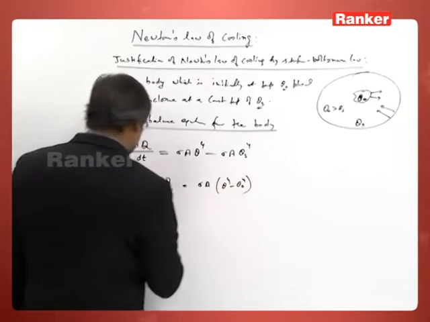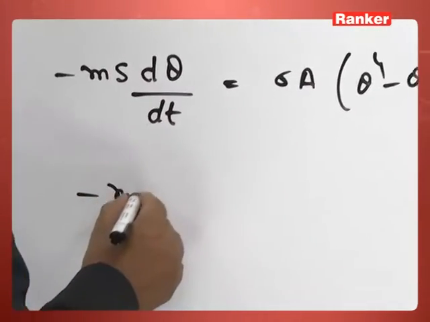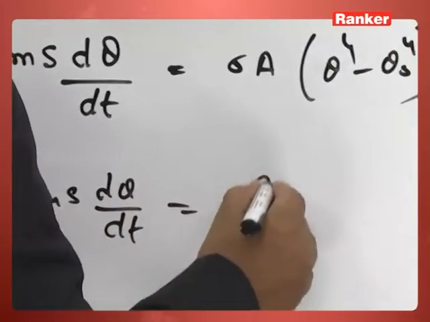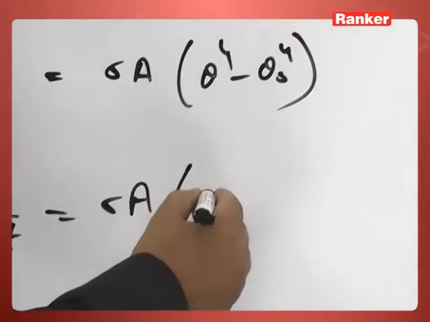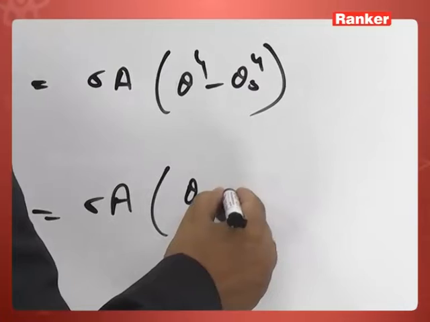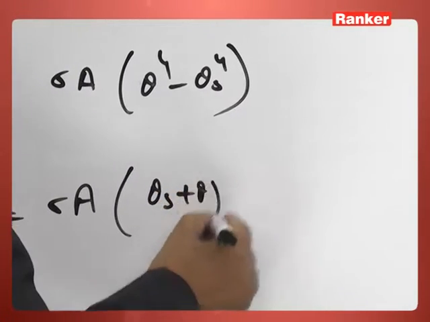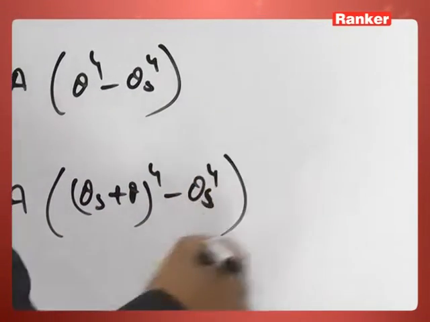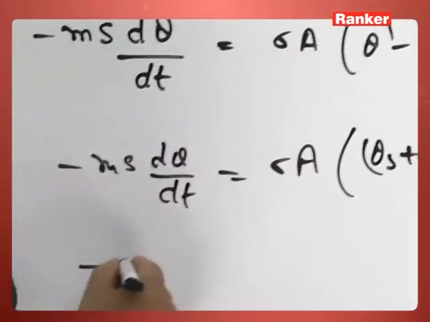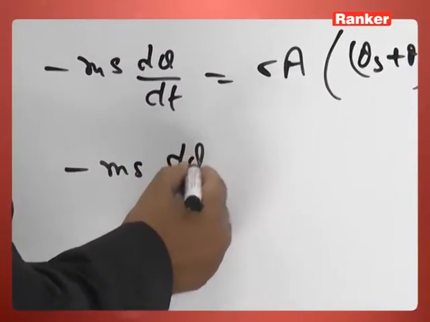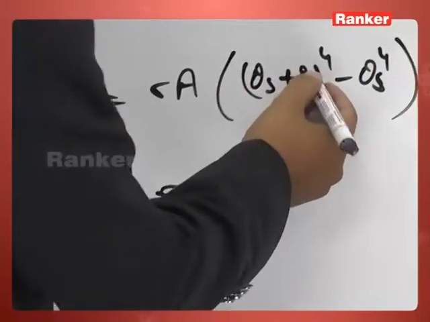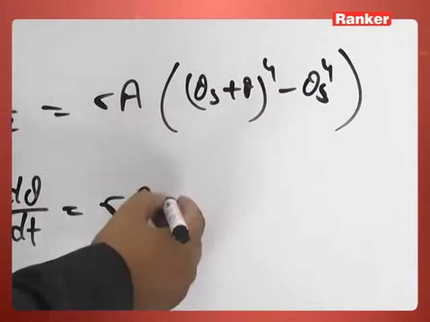So, now you see here minus m s d theta by dt is equal to sigma A, theta means theta s plus theta, to the power 4. So, I have minus m s d theta by dt is equal to sigma A. Now, you can take this theta s common.